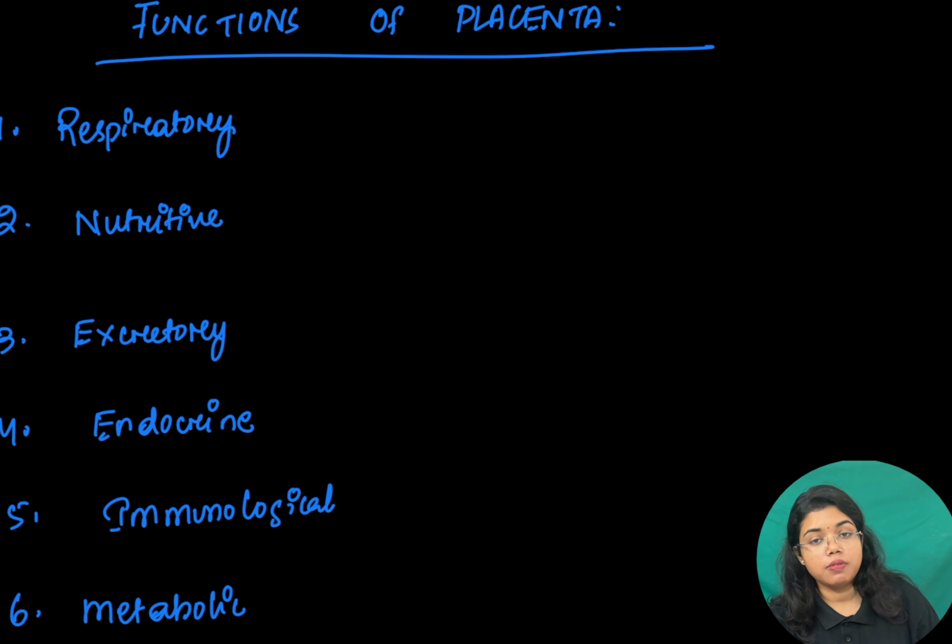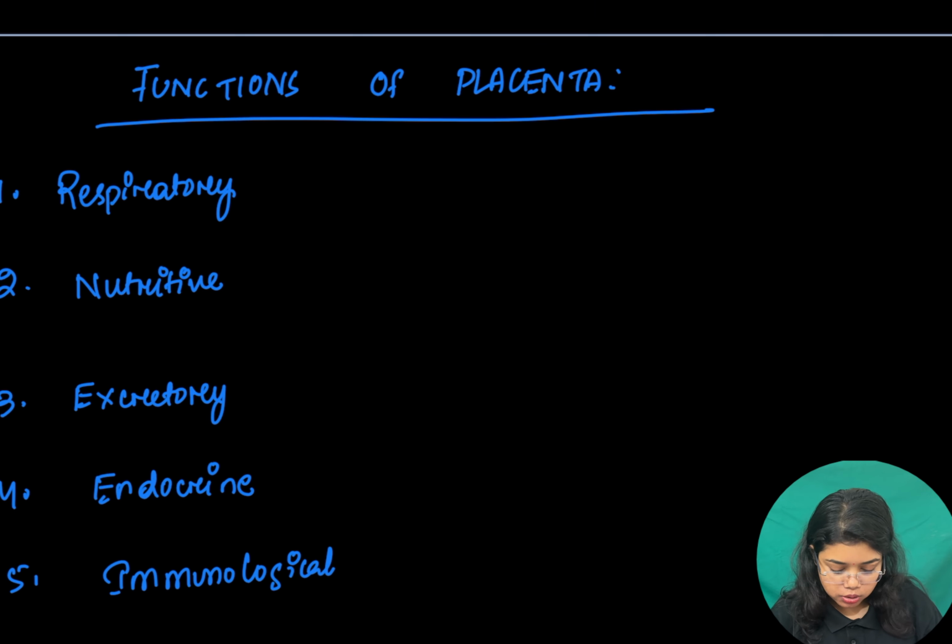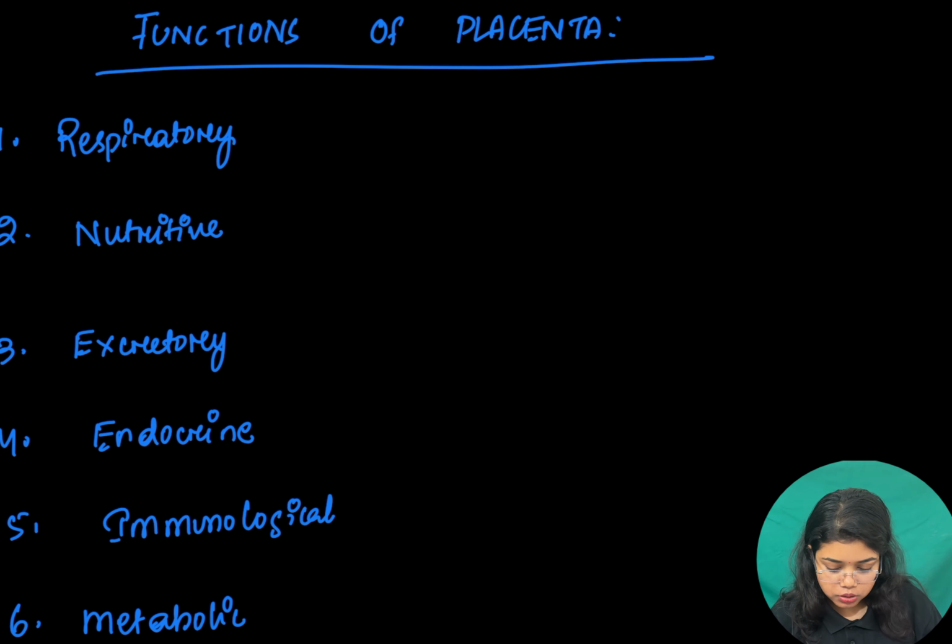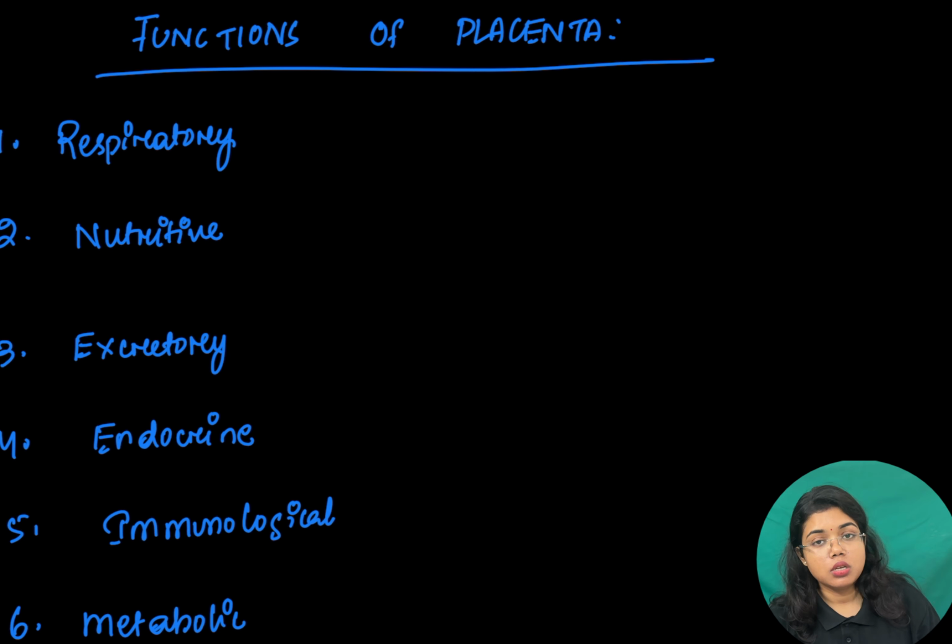And excretory functions: ammonia, uric acid, these are excreted from the fetus through the placenta. And what about the endocrine function? Various hormones like HPL, human placental lactogen, beta HCG, and cortisol are secreted from the placenta.